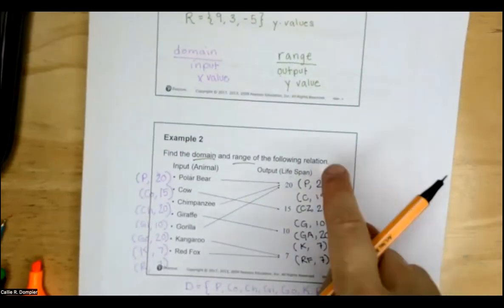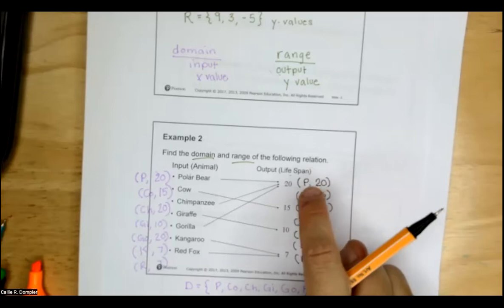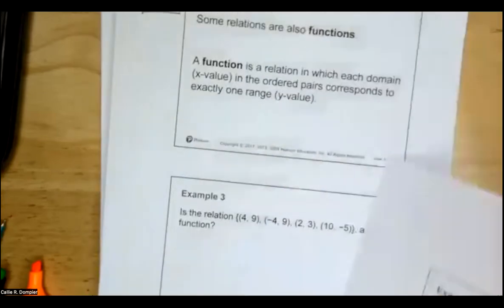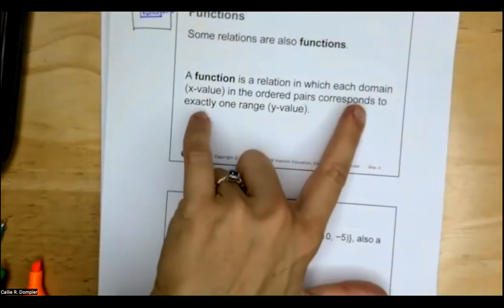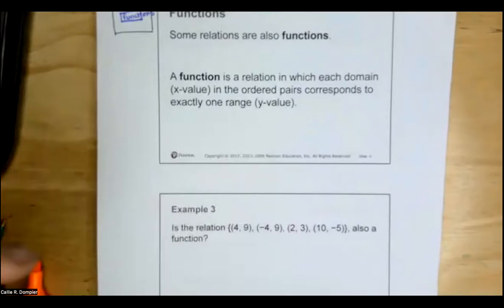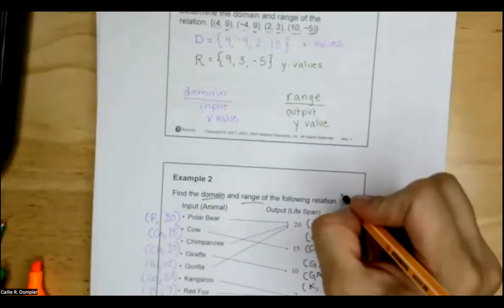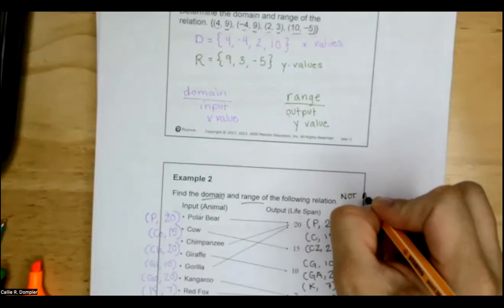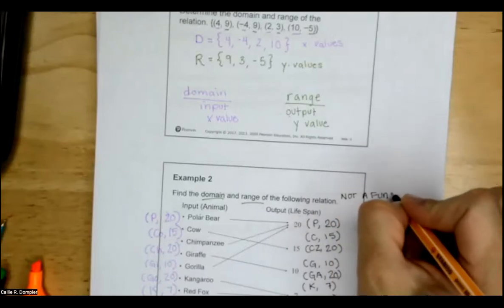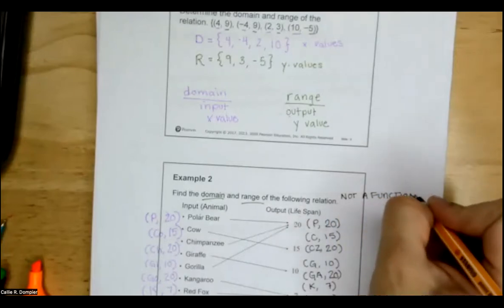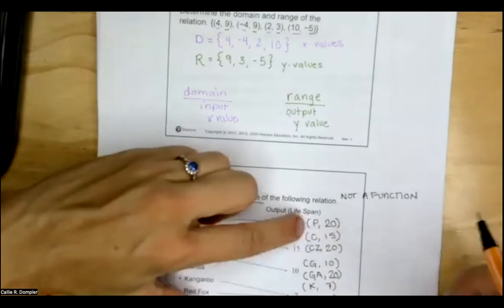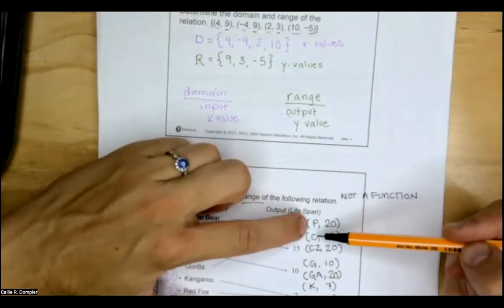So those would be my ordered pairs. I put each X with its Y value. Each X value can only have one Y value. So this is only a relation. This is not a function. Do you see why? Because each of these is a unique X, right?